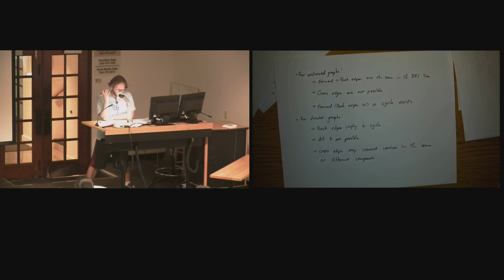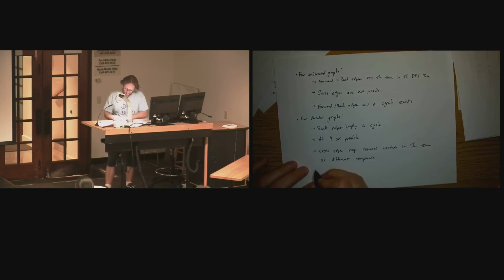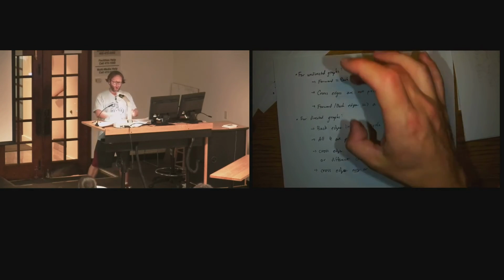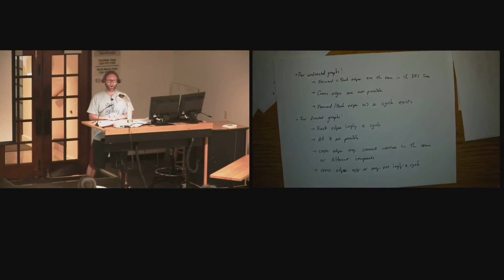And cross edges may or may not imply a cycle. Right? You have to be real careful there. There might be a cycle involving it, and there might not be. It really depends. So you already see a contrast here between undirected graphs and directed graphs.